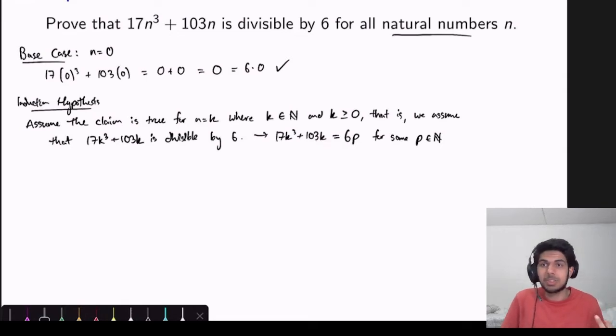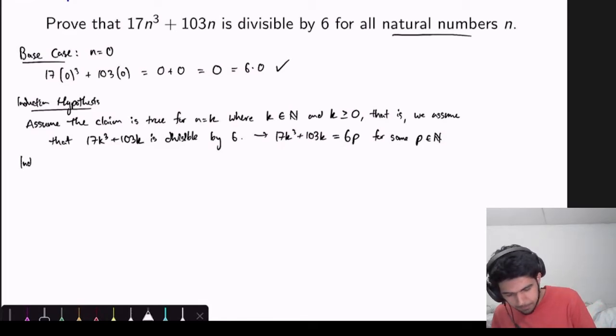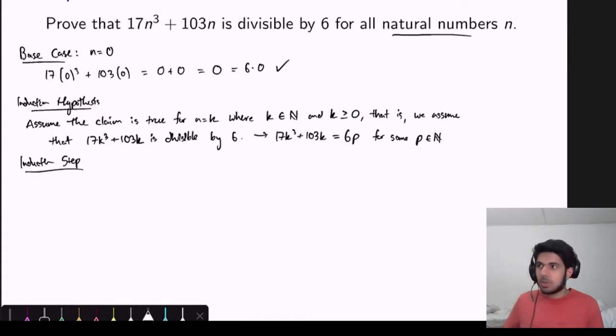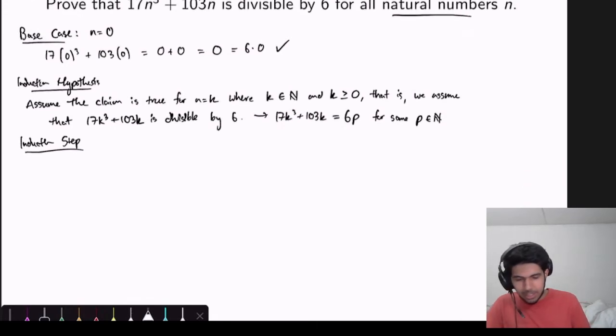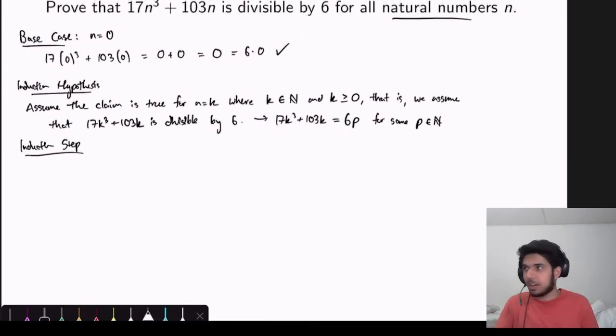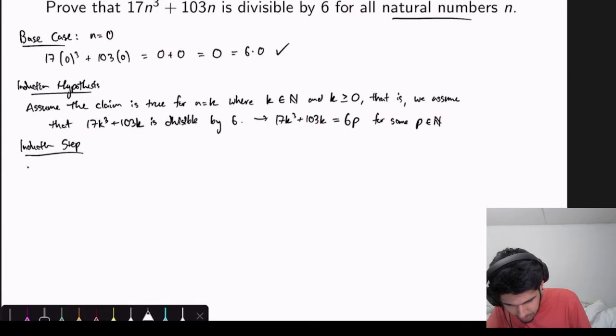Cool, so we've done the first 2 steps already of induction, but most of the work occurs in the induction step. So let's write it, induction step. We're trying to show that the next domino is true. We've assumed it for k, we want to show it's true for k plus 1. So again, I like to be a little specific and write out what we're doing. So we wish to show that the k plus 1 case is true.